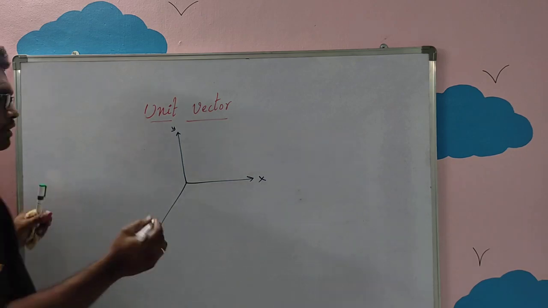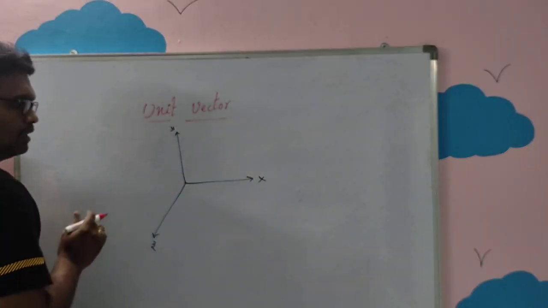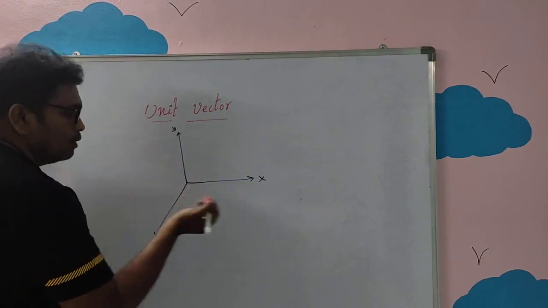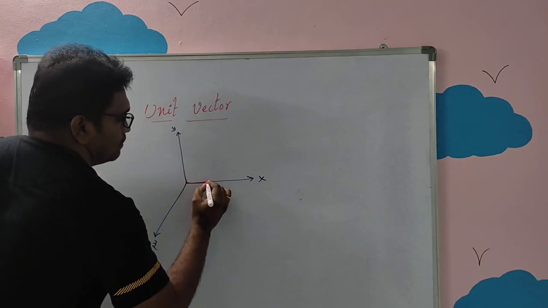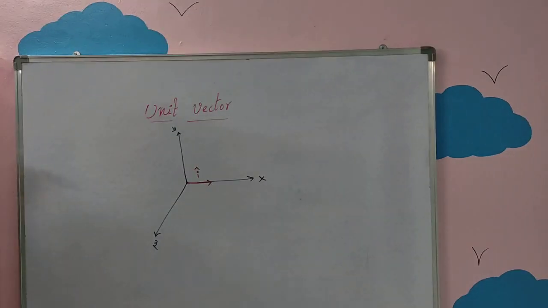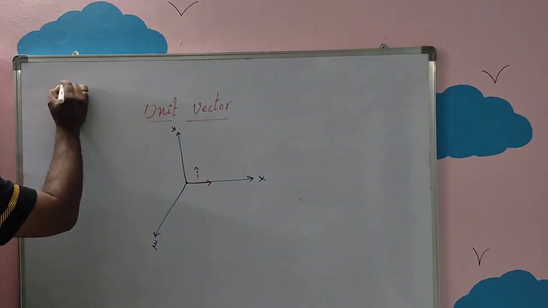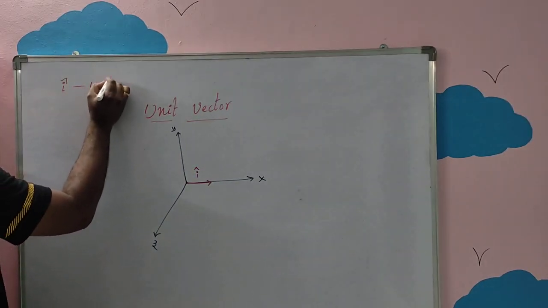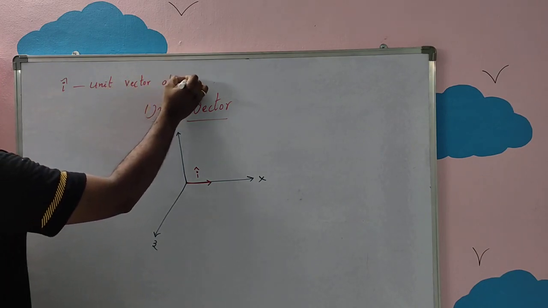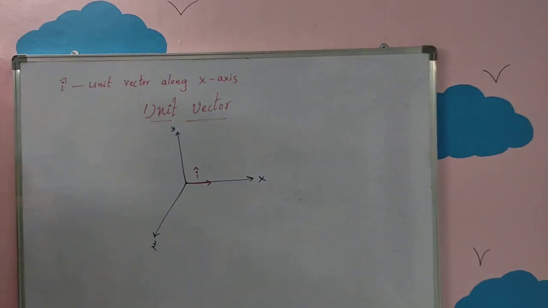Now, if you want to represent any vector along the x direction, if you want to express any unit vector, you can use the symbol i cap. Normally we use the symbol of the unit vector along the x axis as i cap. So, what is i cap here? i cap is the unit vector along the x axis, or along the x direction.